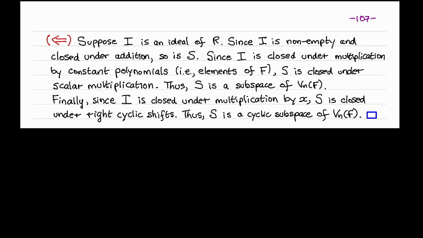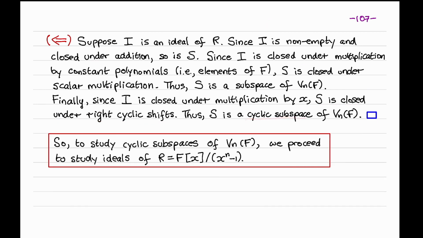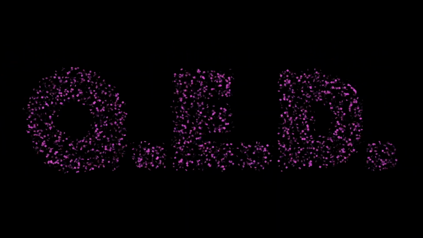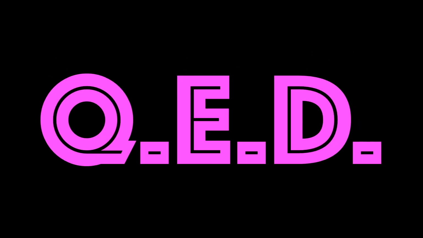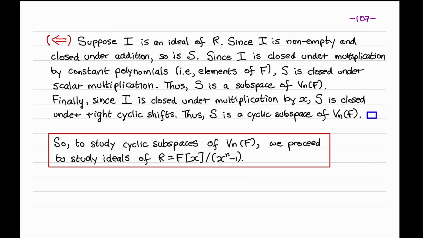Thus, S is a cyclic subspace of the vector space. So we have this nice bijection between ideals of the polynomial ring R and cyclic subspaces of Vn of F. To study cyclic subspaces of the vector space, we'll proceed to study ideals of the polynomial ring R.